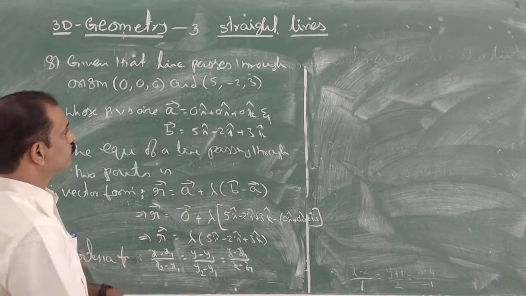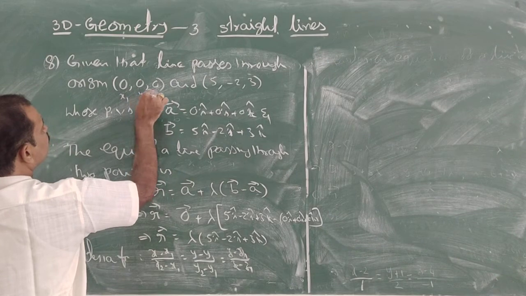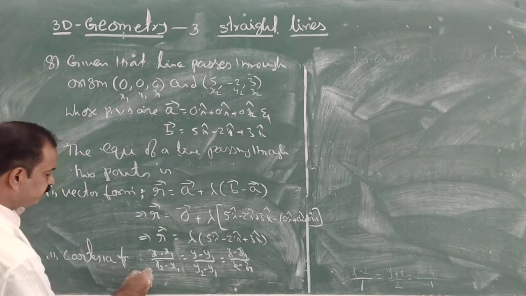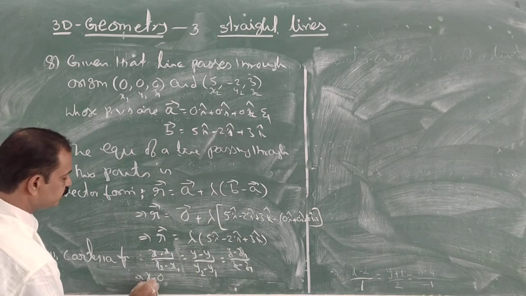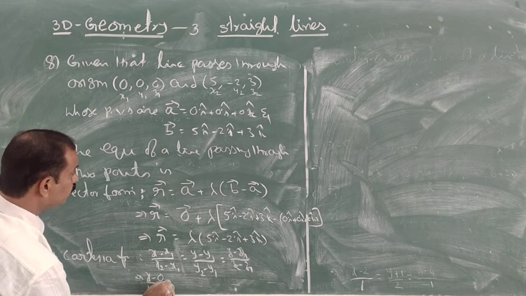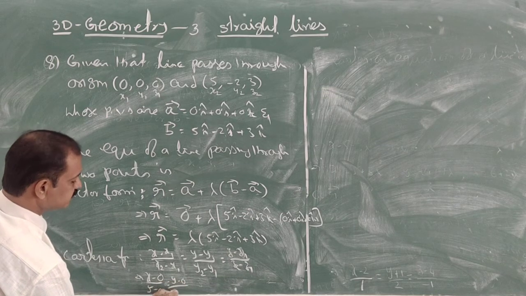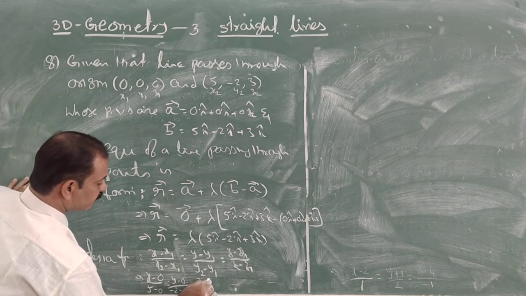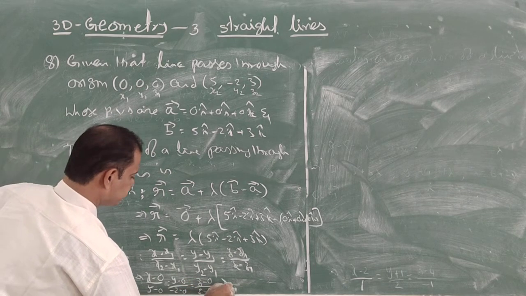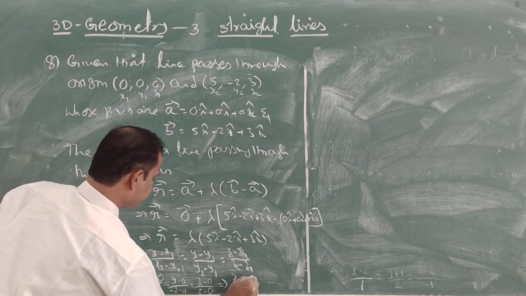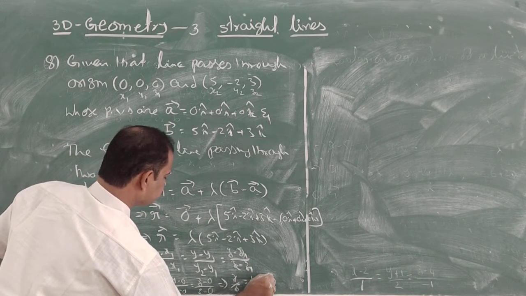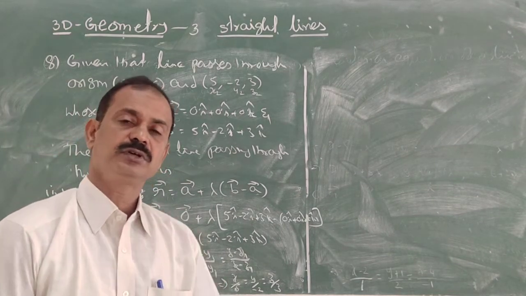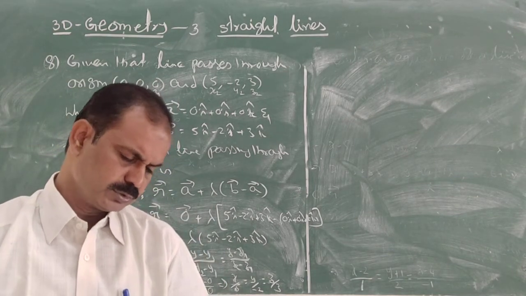Just substitute the values of x1, y1, z1 and x2, y2, z2, which implies (x − 0)/(5 − 0) = (y − 0)/(−2 − 0) = (z − 0)/(3 − 0), which implies x/5 = y/(−2) = z/3. So this is very simple, passing through 2 points.